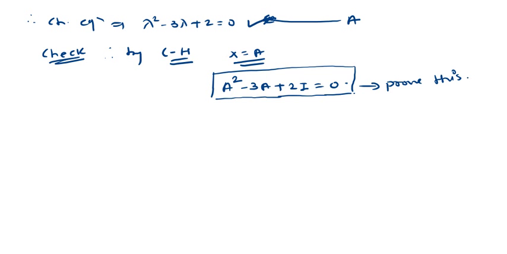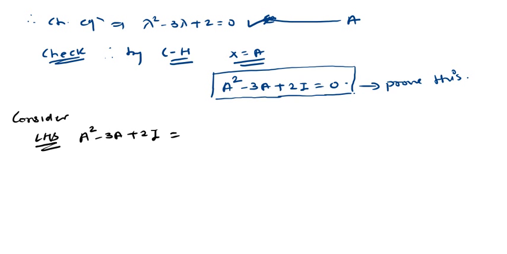Okay, so for that I will consider the LHS. What is LHS? A square minus 3A plus 2I. Now what does A square mean?